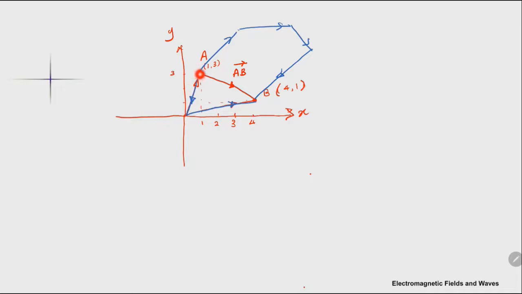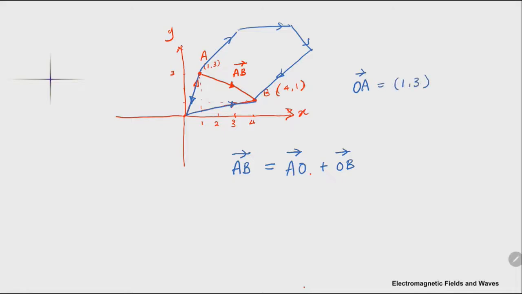Okay, so from A, I want to go to B. I can go from A back to the origin, and then from the origin to B. So my vector AB has to equal my vector A to the origin plus the origin to B. That is one way I can get from A to B. My position vector here is my vector 1, 3.